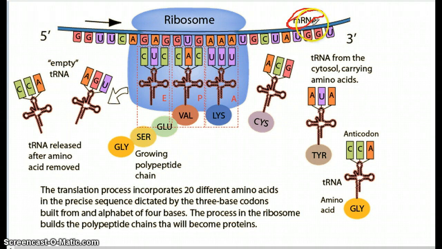Basically, the mRNA will go out of the nucleus and into the cytoplasm and to a ribosome. Now, there are two types of ribosomes. One is the free-floating ribosome, and the other is a ribosome in the rough ER.